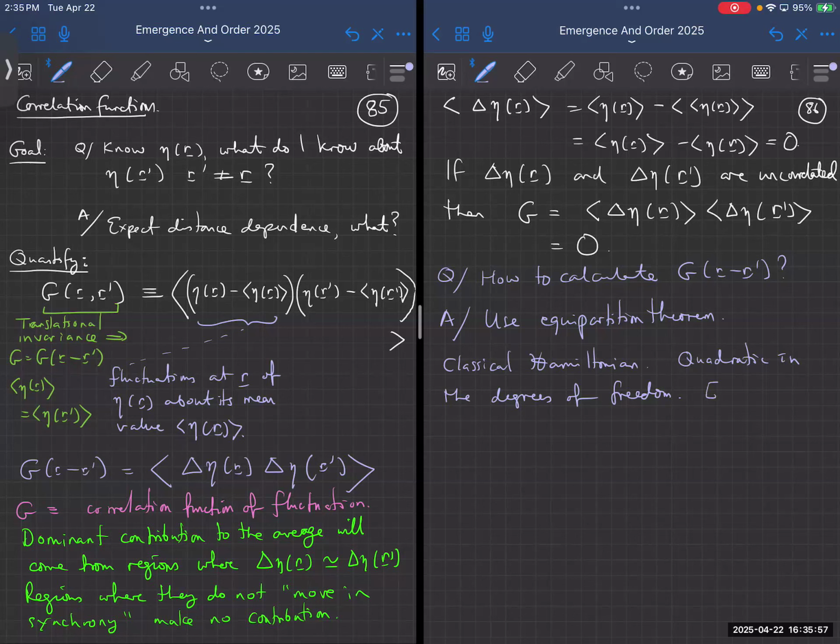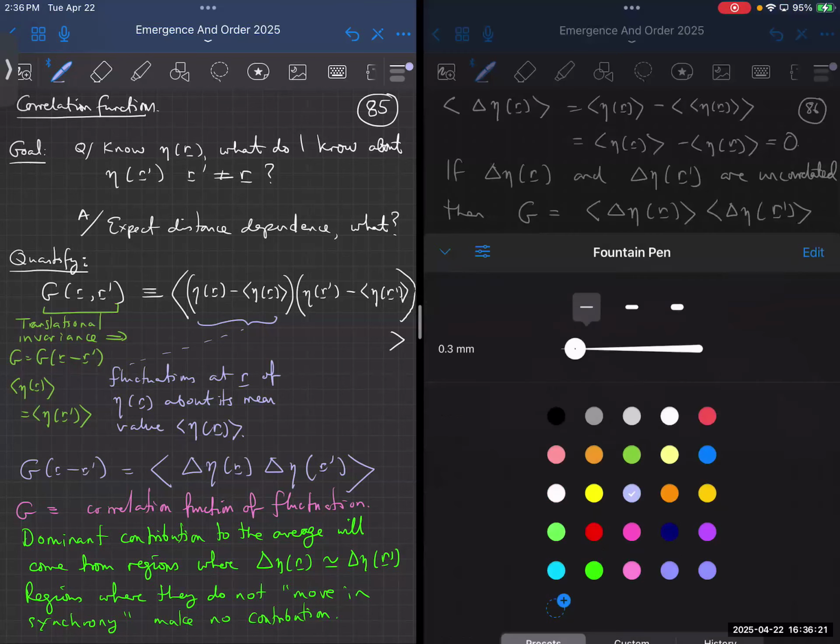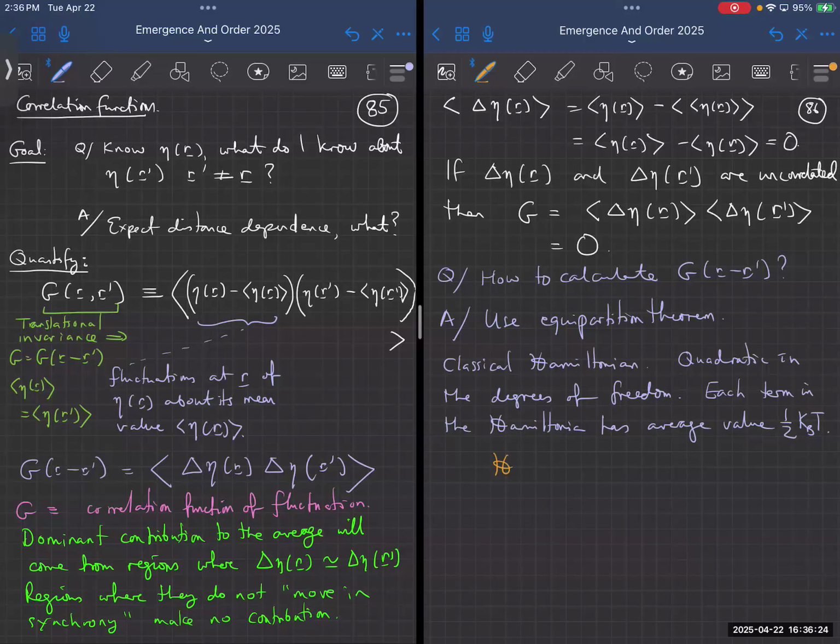Then each degree of each term in the Hamiltonian has an average value of 1/2 kBT. So your Hamiltonian has to look something like this: H equals a q1 squared plus b q2 squared plus c q3 squared, whatever.